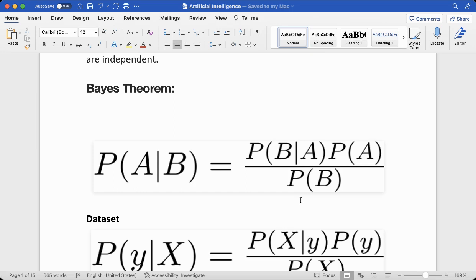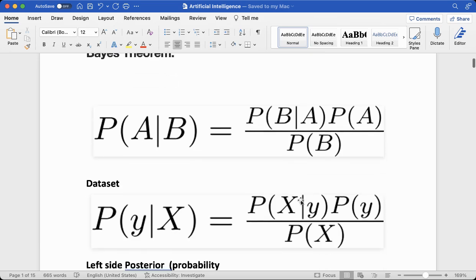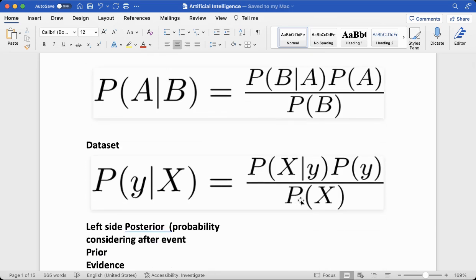If we convert the same formula to our dataset case, it comes like this: P(y given x), where y means our outcome and x means our attributes or columns, is equal to P(x given y) times P(y), divided by P(x).